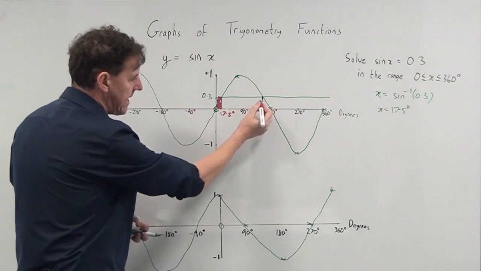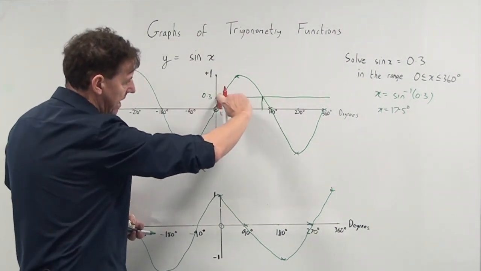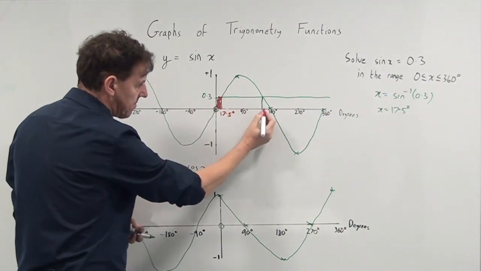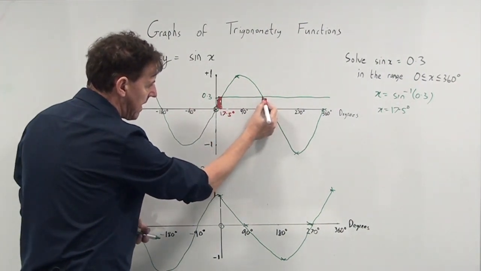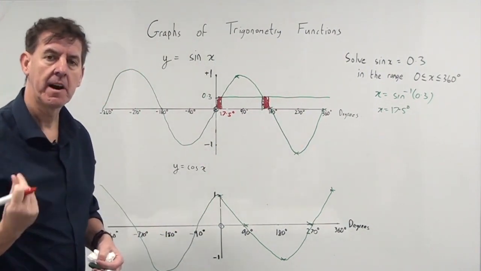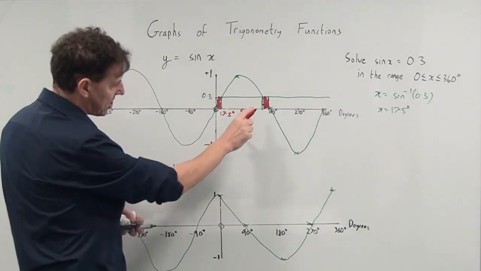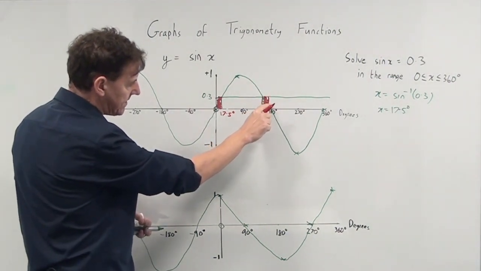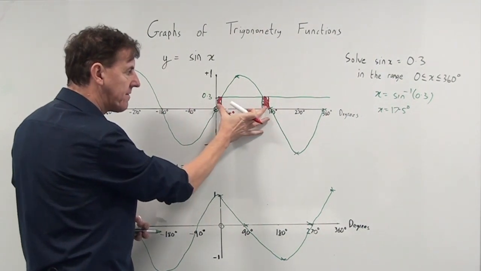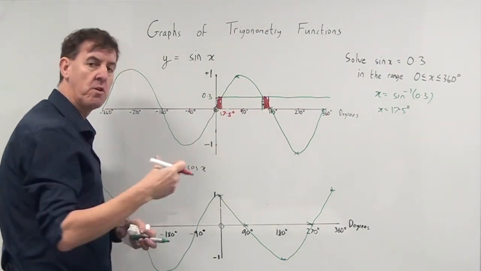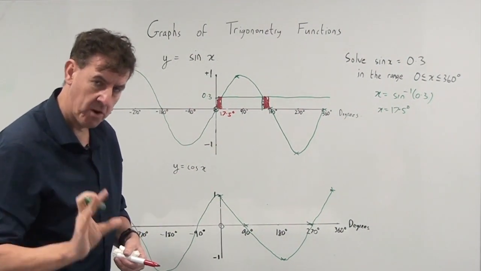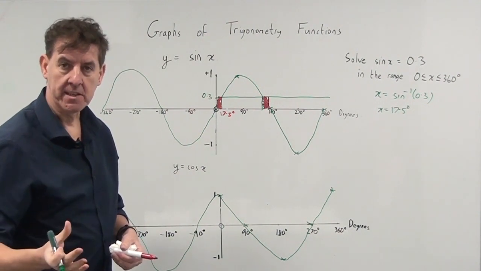It actually cuts again here, and because this graph is symmetrical, that little area there is 17.5, which also makes this little area here, going to that 180, also 17.5 degrees. So this next cut would be 180 degrees take away 17.5, because the graph is symmetrical between the 0 and 180 degrees. So the calculator is giving one of my answers, but there is more than one answer.